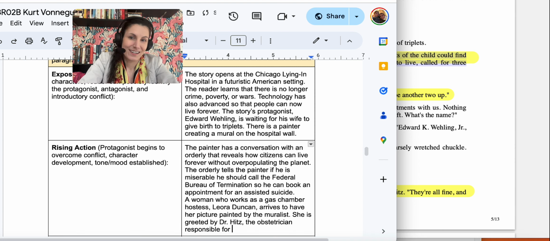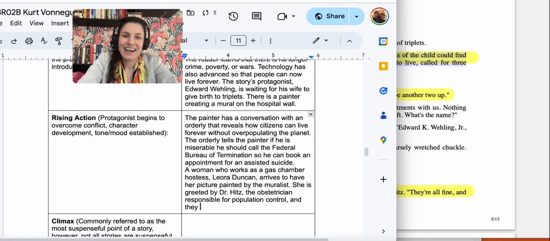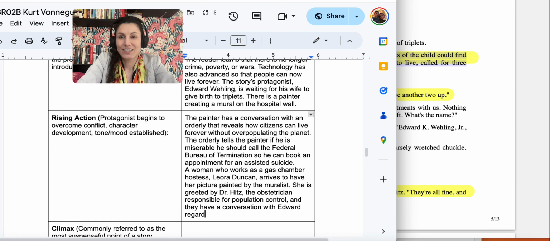They have a conversation with Edward regarding the purpose of population laws.